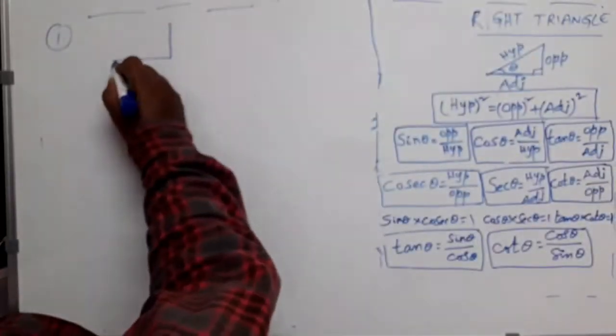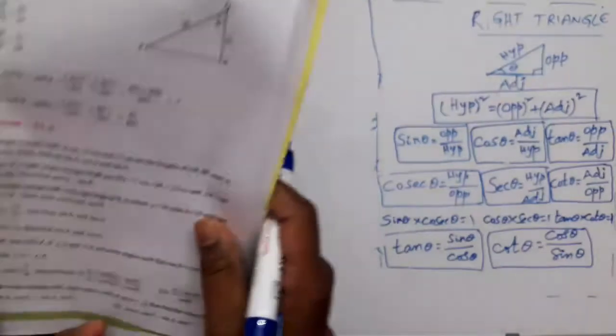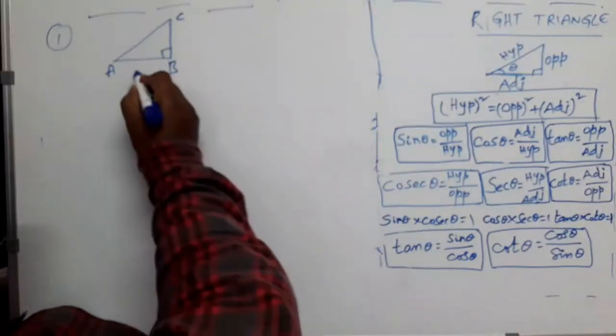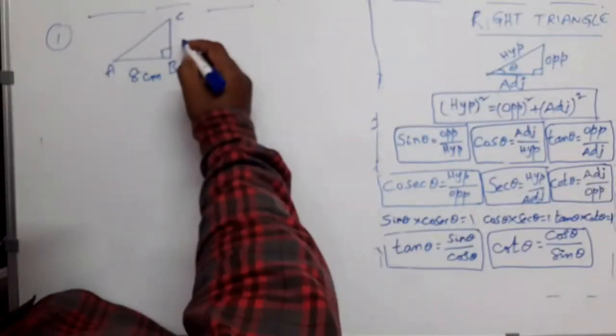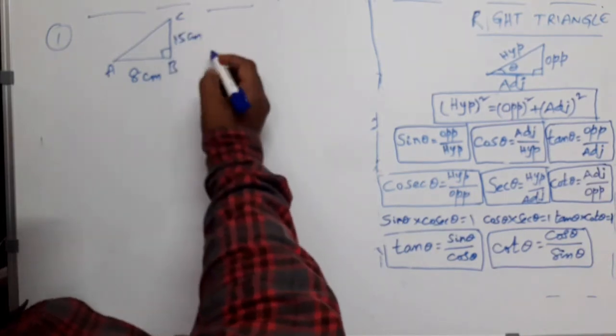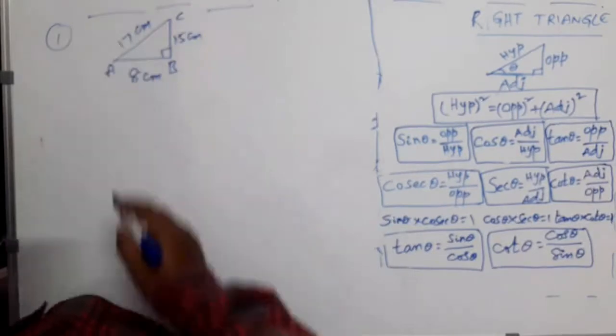See, let us say this is right angle triangle ABC. Lengths of sides are given: AB is 8 centimeters, BC is 15 centimeters, and CA is 17 centimeters. Lengths are given.